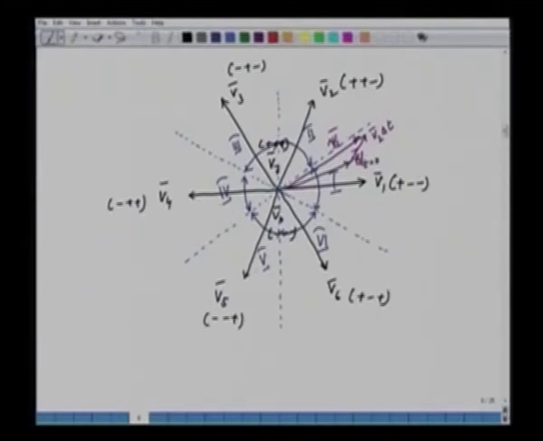So this is the first sector, the second sector, the third sector is within this, the fourth sector, the fifth sector and the sixth sector. So the flux can remain in any one of the 6 sectors, and accordingly the voltage vectors will be decided.